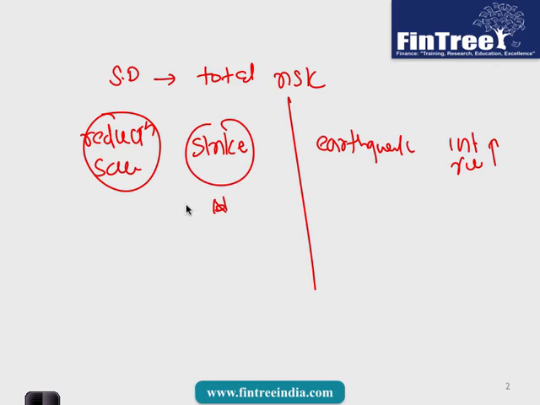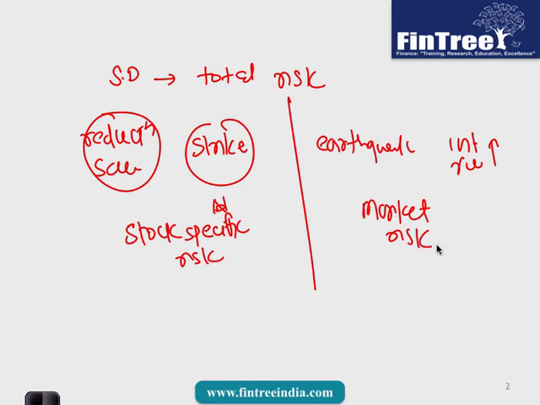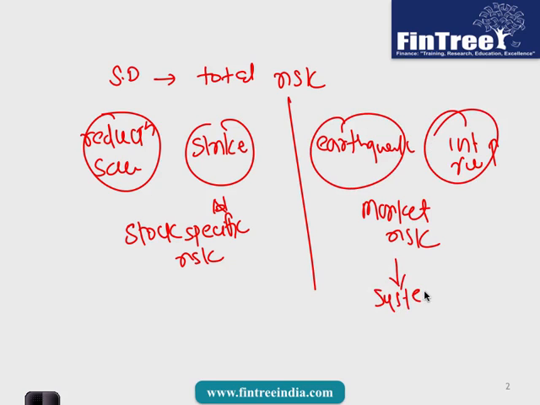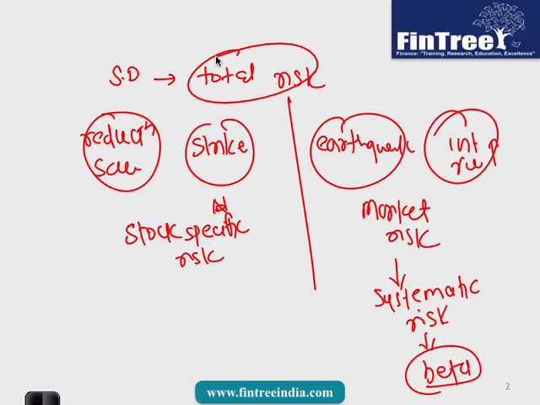So these are the stock specific risks, isn't it? And these other risks are coming to you from market risk. So these are the type of risk that no matter how much you diversify, you would still be exposed to. These risks are called systematic risk. And the measure of systematic risk is beta, whereas standard deviation was total risk.